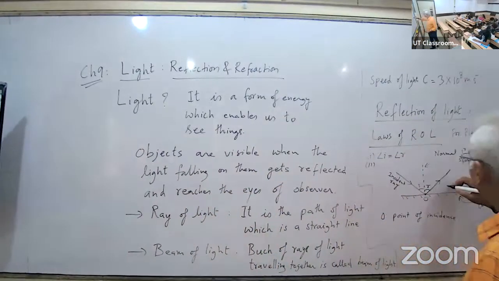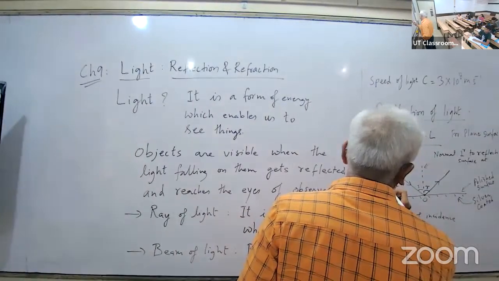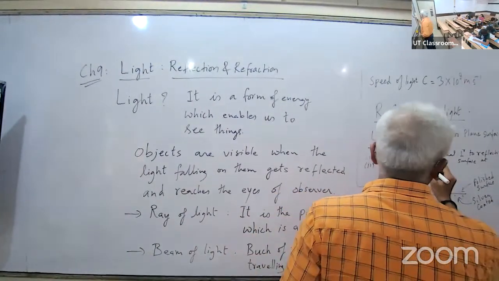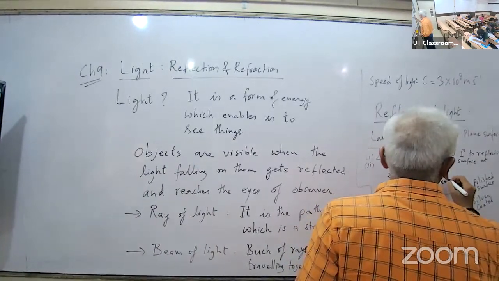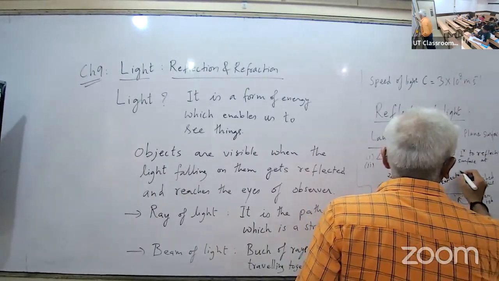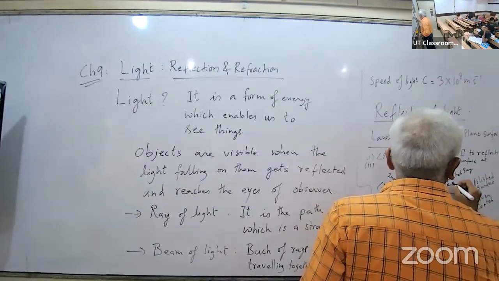So this is the reflected ray. Let me call this IR. This is normal ON. This is the reflected ray, I'm calling it RR.